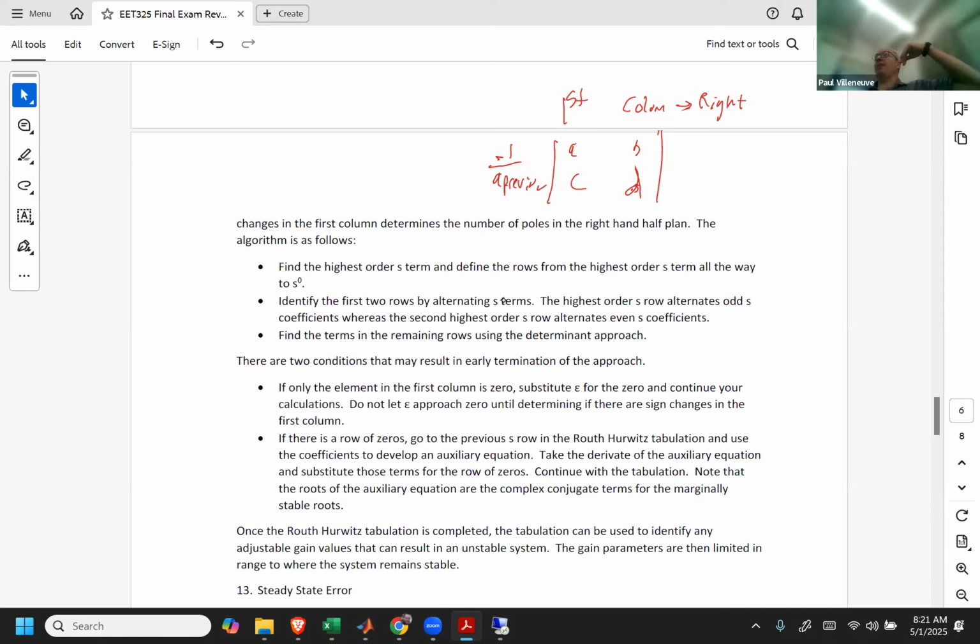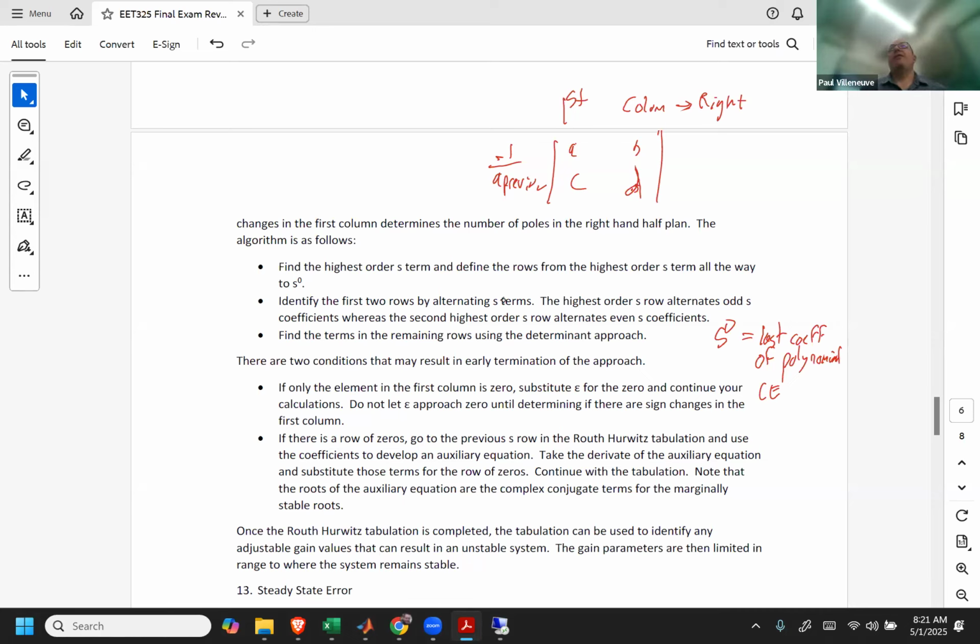Now, you start building until you get to the S0 row. And remember, our S0 row was always equal to our last coefficient in our polynomial, and our polynomial is the characteristic equation, right? If you had any sign changes in there, then you had unstable.